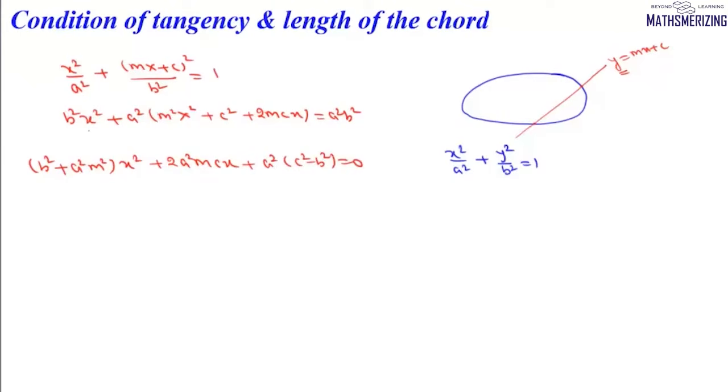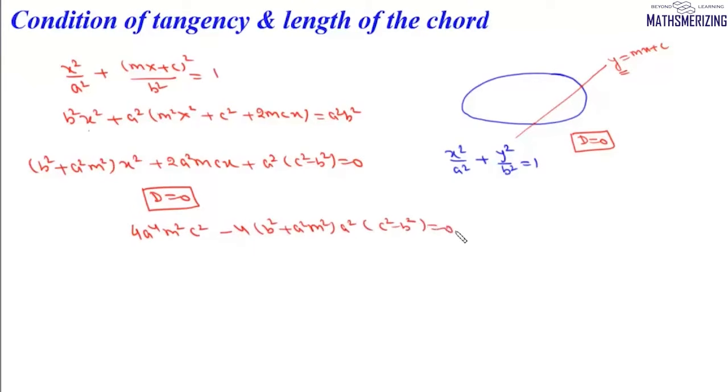Now we know that the condition of tangency is that this line and ellipse must have only one point of intersection, and the condition that this line is a tangent to this ellipse is simply D equals 0. So we'll simply find D and put it equal to 0. So now it becomes 4 a to the power 4 m square c square minus 4 (b square plus a square m square) a square (c square minus b square) equals 0.